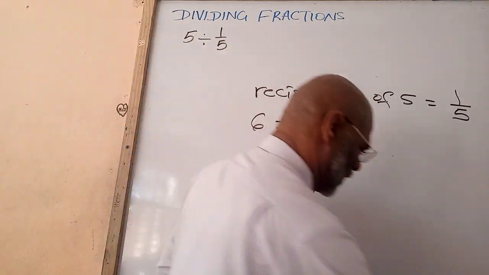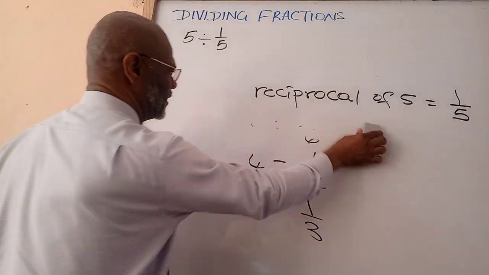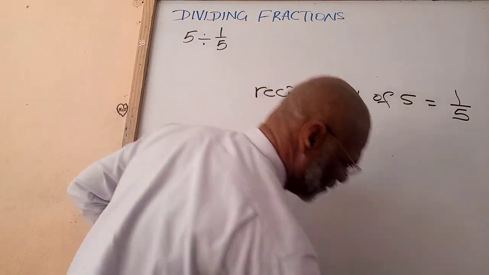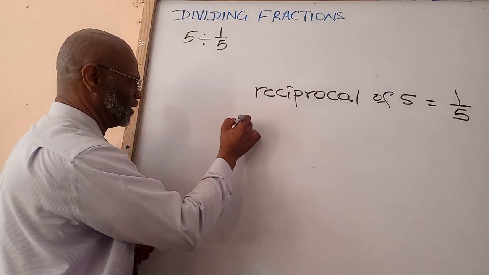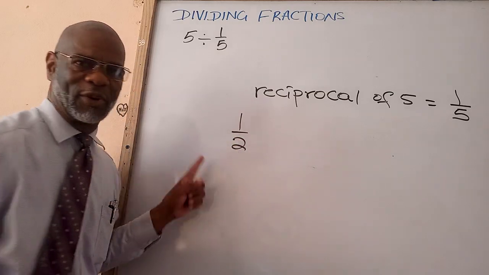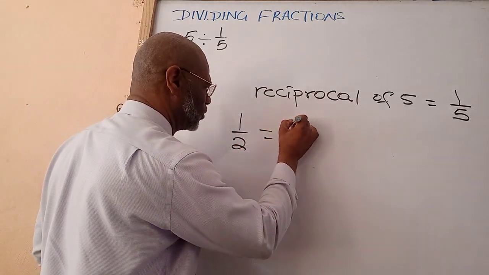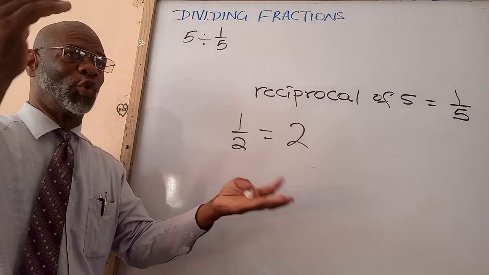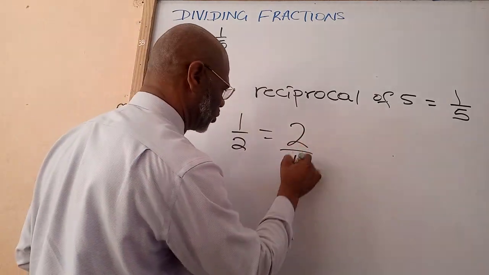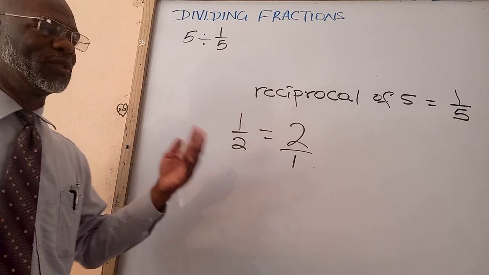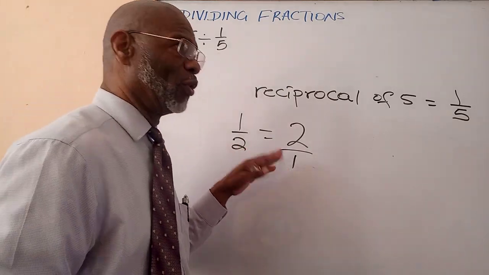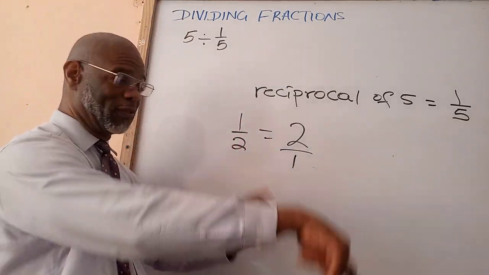Okay, so let's say if we have fractions, so let's say we have 1/2, the reciprocal of 1/2 is equal to 2, alright, or 2 over 1. Good, so we say 2 over 1. 2 over 1 is equal to 2. So what we actually do here is we flip the number.